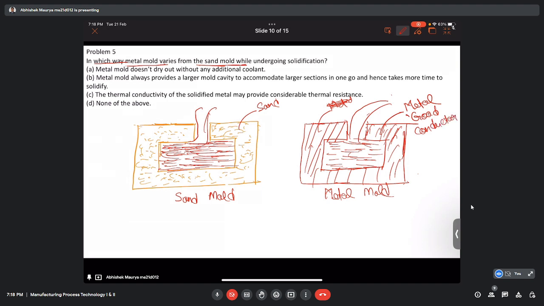Whereas the sand, even if you see the sand mold, it is made up of some silica, and even within the silica particles there are air pockets and there are inorganic materials, additive materials, clay. So we can say it is a poor conductor.